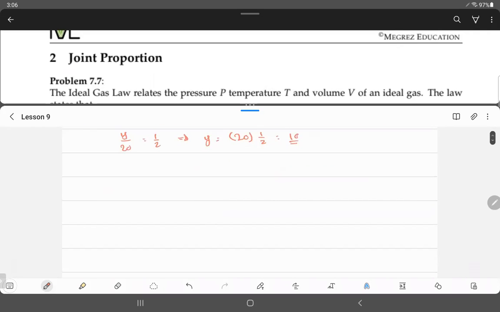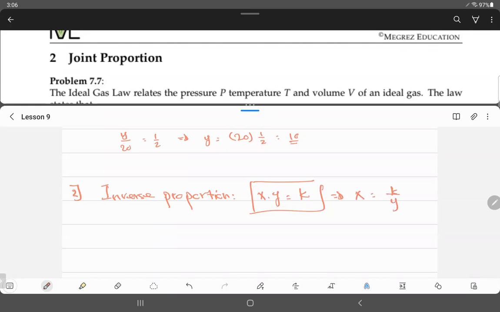The second type that we covered is the inverse proportion. In the inverse proportion, we say that x times y equals k, or you can say x equals k over y, or y equals k over x.